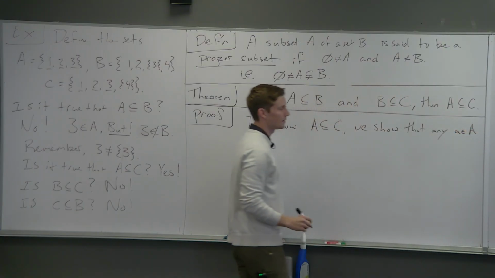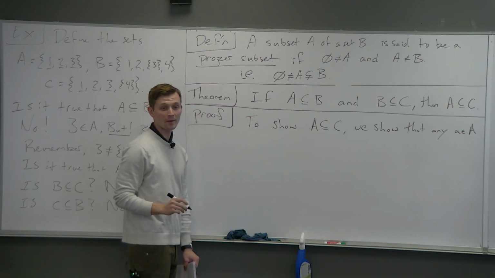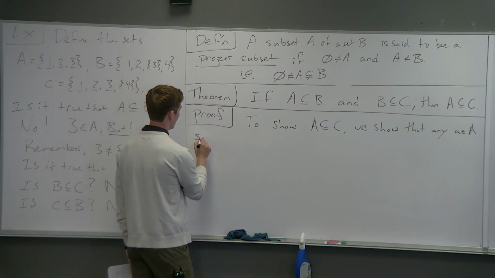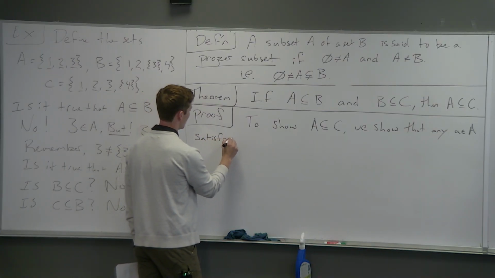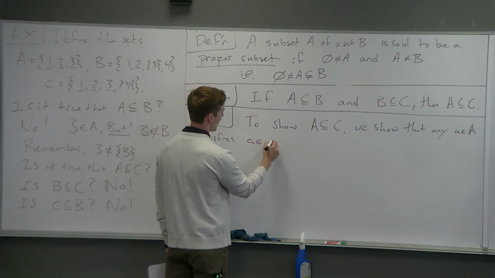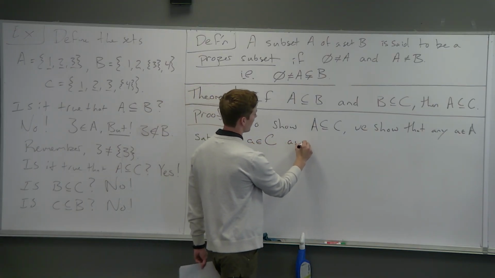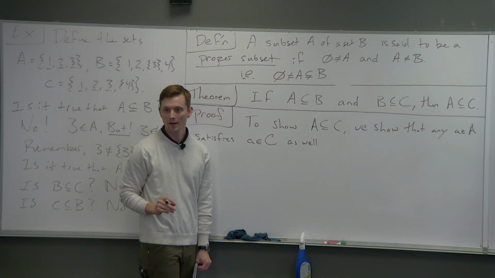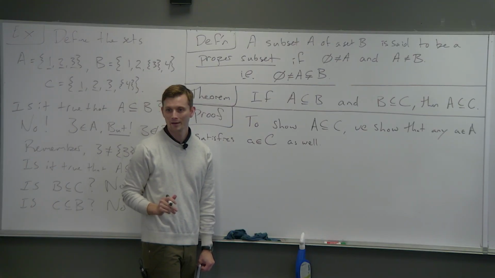Well, to show that A is contained in C, we'll show that any element a in big A satisfies little a in big C as well. Okay. That's what it means to be a subset, right?